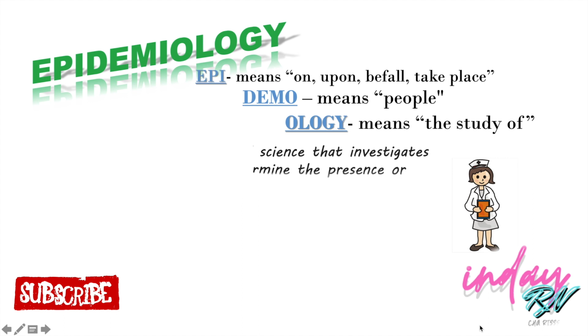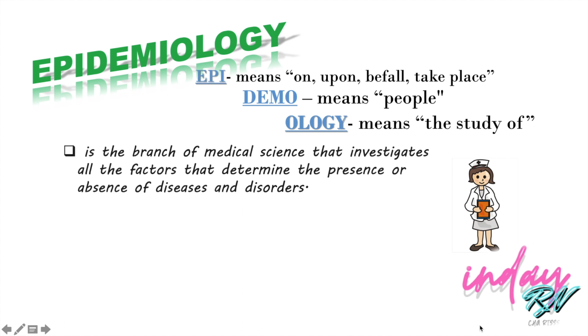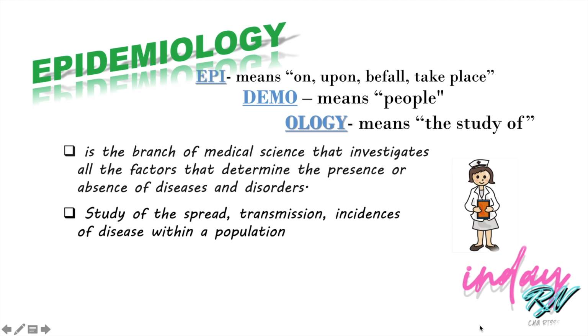Epidemiology is a branch of medical science that investigates all factors that determine the presence or absence of disease and disorders. Simply put, this branch of science is the study of spread, transmission, and incidences of disease within a population.